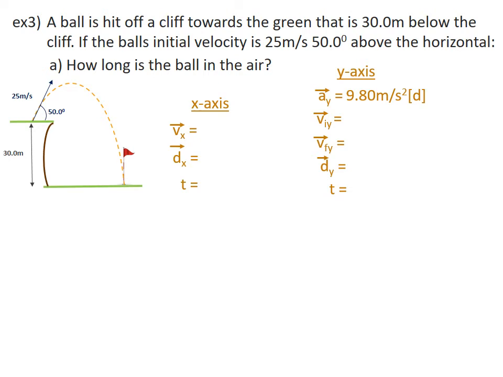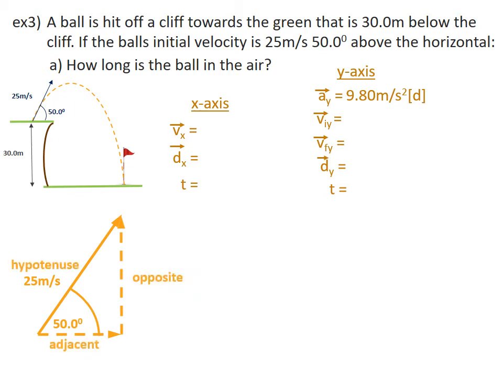So our initial velocities. The ball got hit and left with a speed of 25 meters per second, going 50 degrees above the horizontal. So when it was hit, it had a vertical and a horizontal component. 25 meters per second will be my hypotenuse, which means the velocity in the x-axis is our adjacent side, and the velocity in the y-axis will be our opposite side.